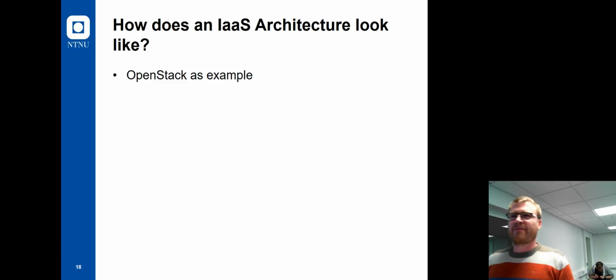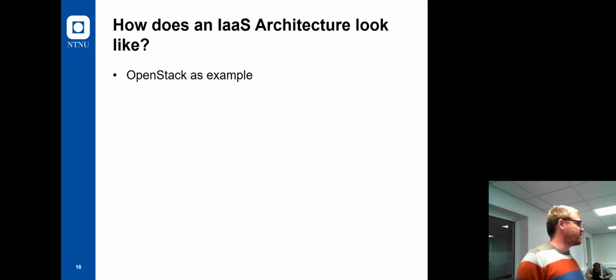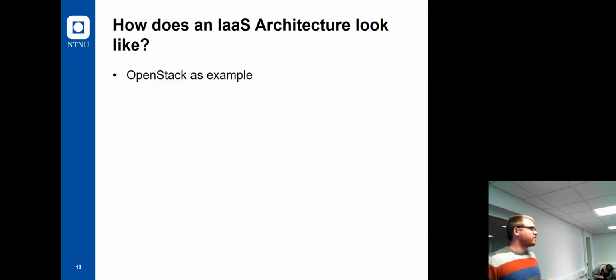Everyone is shy or sleepy. I missed the question. Sorry? You missed the question. The question was, what is the functionality that you would expect from an infrastructure as a service platform? What does it need to provide? In addition to PaaS, for example, right? So what are the features you need to build one yourself, if you like?